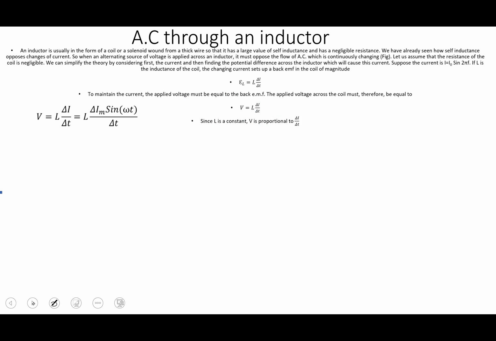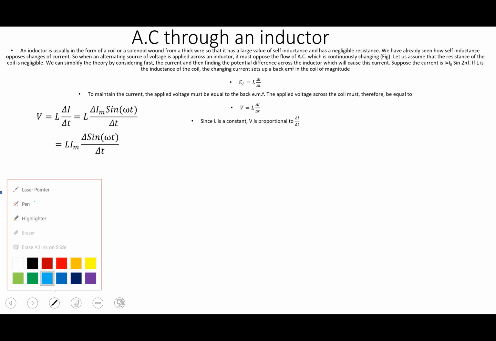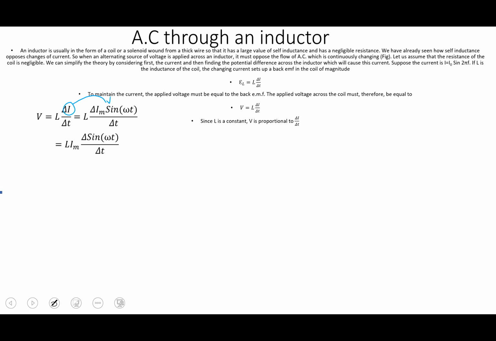So in this case, as we put in the values, V equals L into delta I divided by delta t, and instead of I we can replace it by I equals I maximum sine omega t. So we can write V equals L I maximum delta sine omega t divided by delta t. This is the same kind of thing we have done before, which is the differentiation of sine omega t.